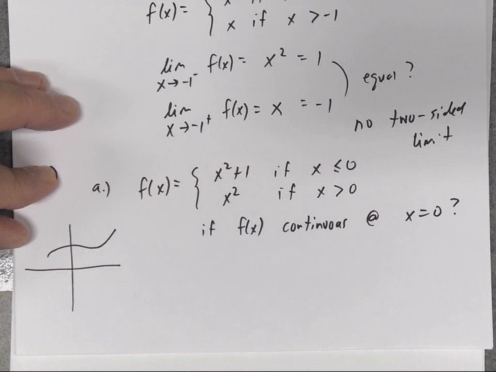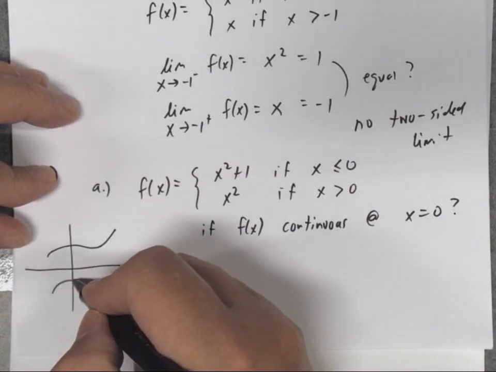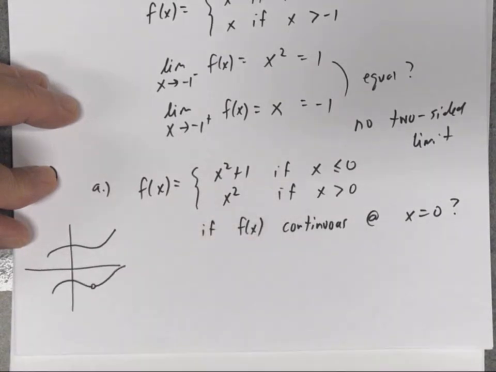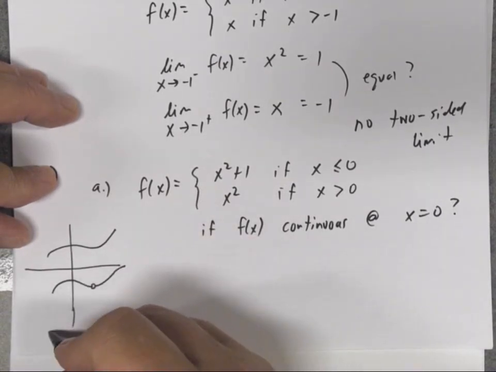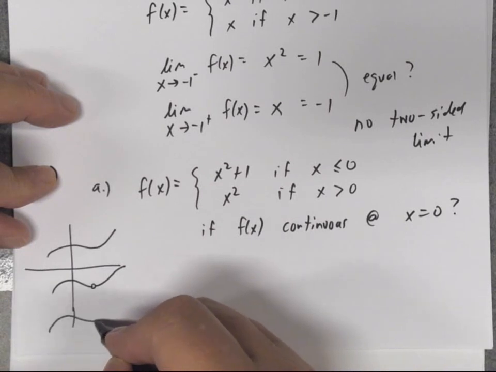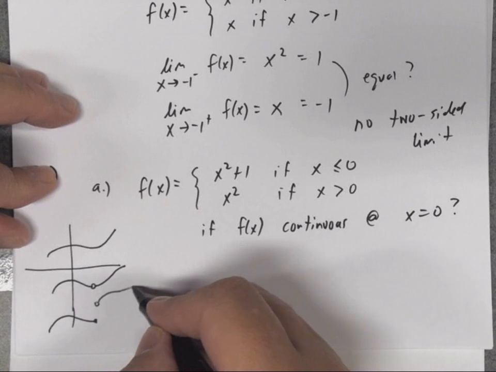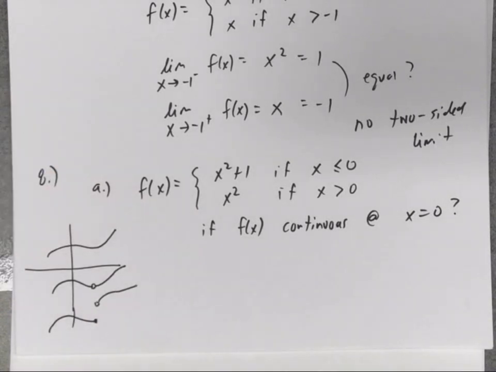So a non-continuous function would be something like this, or maybe you have a hole where you have to jump over that, and then you keep going. You could have a function where you make a jump, and you keep going. Basically, continuity is checking for gaps or breaks or jumps in your function.